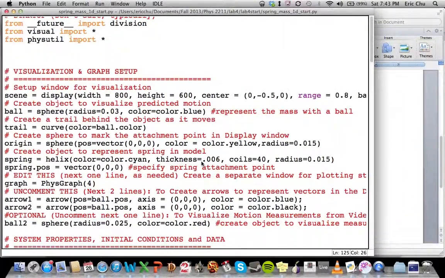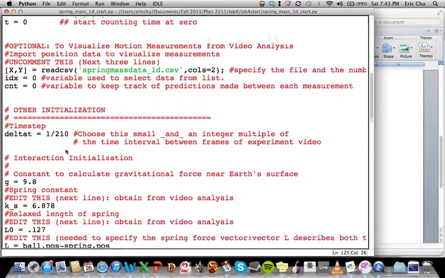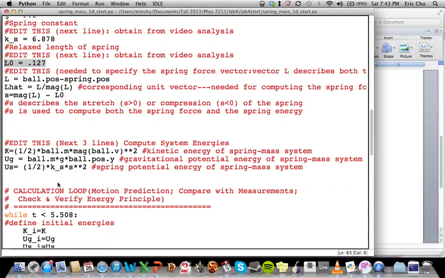So here's my code where everything happens. Here are all our initial conditions: the mass of the ball, position, velocity, time step, and here are our constants that we found: spring constant and relaxed length of the spring.